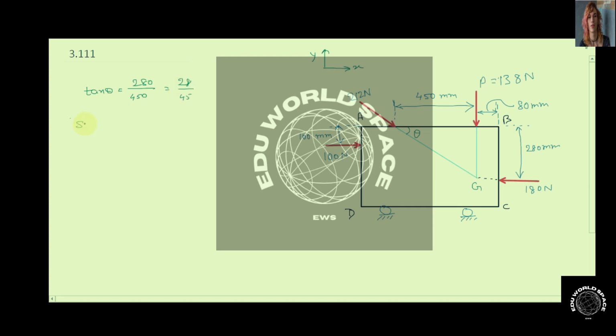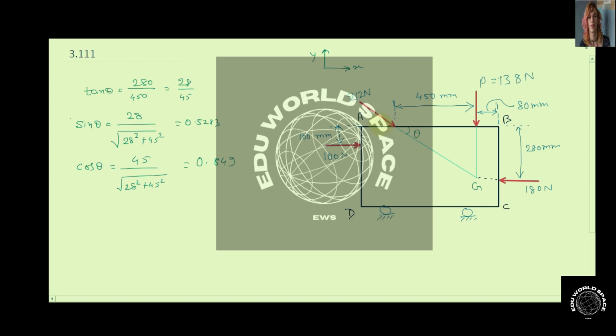So sine theta is 28 divided by the square root of 28 squared plus 45 squared, which comes out to be 0.5283. Similarly, cos theta is 45 divided by the square root of 28 squared plus 45 squared, and this comes out to be 0.849. So cos theta and sin theta are now known.